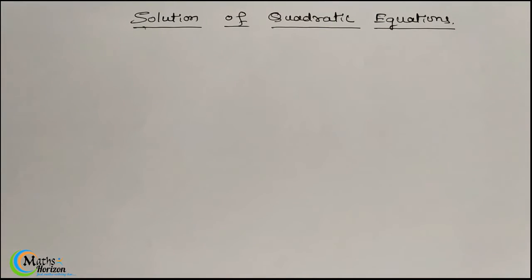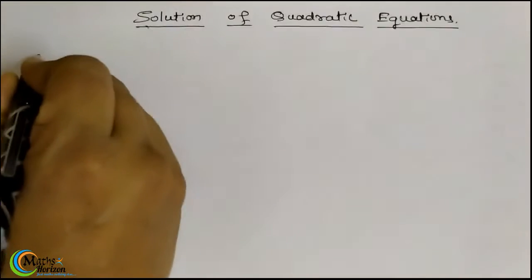The solution of a quadratic equation is nothing but finding the value of the variable. It is also known as the zeros or roots of the quadratic equation. Basically there are 3 methods we are going to discuss. The first method of finding the solution of a quadratic equation is the factoring method.